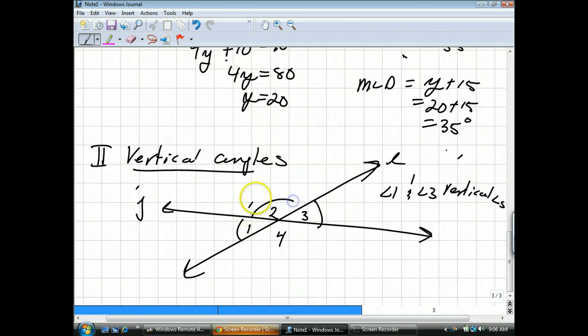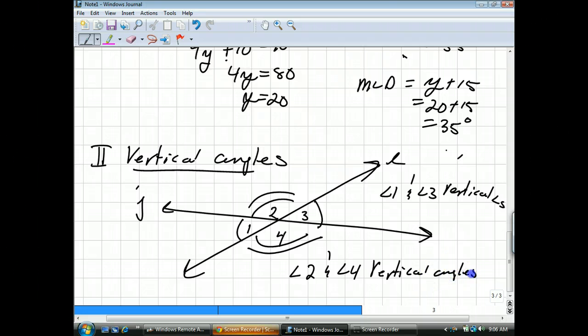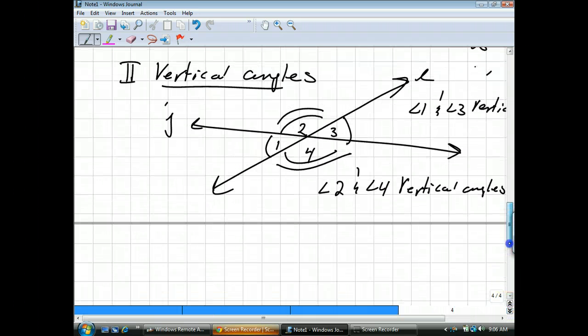And also angle 2 and angle 4 are vertical angles. So the theorem states that vertical angles are congruent.